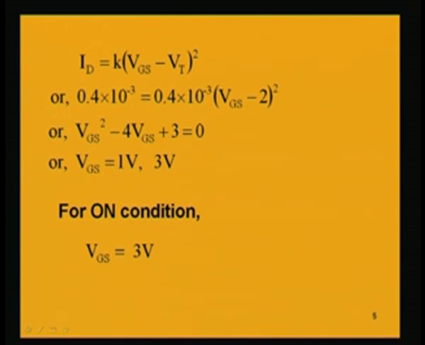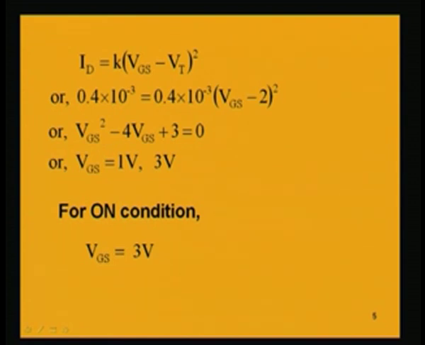Writing down the relation of the ID current with respect to VGS and VT, which is this nonlinear expression, we will be finding out VGS, and this quadratic equation gives two solutions, but out of these two only one solution will be feasible, which will satisfy the condition for saturation, that VD must be greater than VGS minus VT. So, we will now solve this quadratic equation and find out that value of VGS.